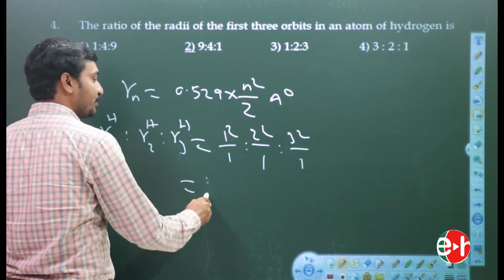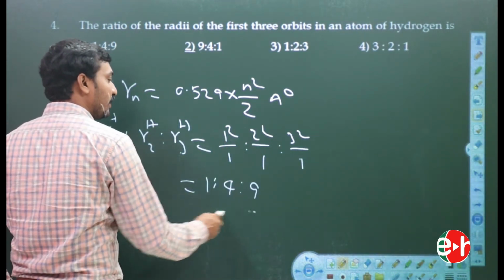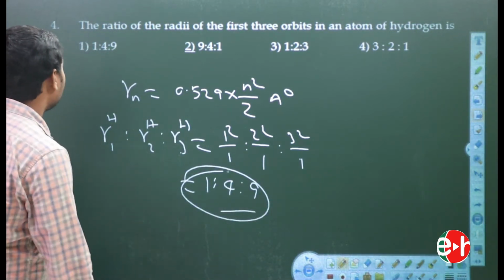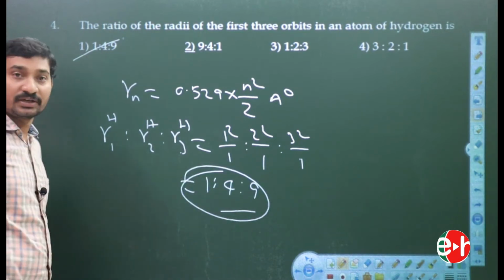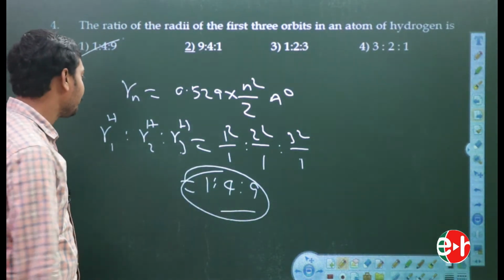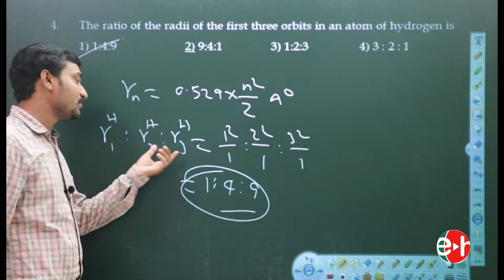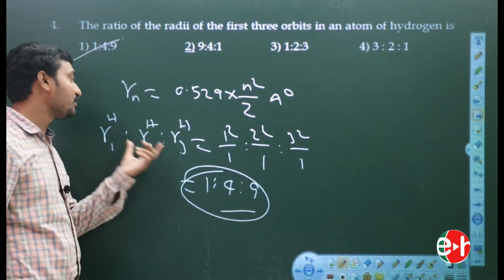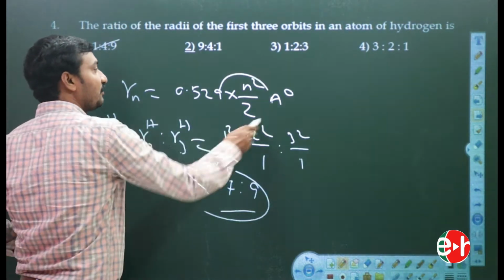Then the ratio is 1 is to 4 is to 9. So 1 is to 4 is to 9 is the right answer, the first option. The radius ratio of the first 3 orbits of hydrogen atom depends upon the n square by z value.